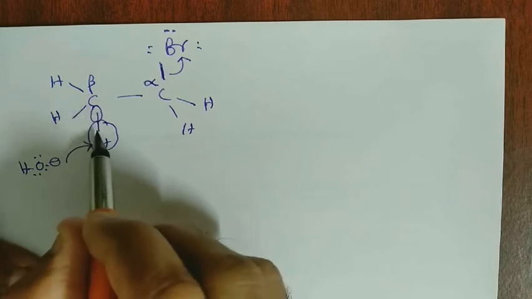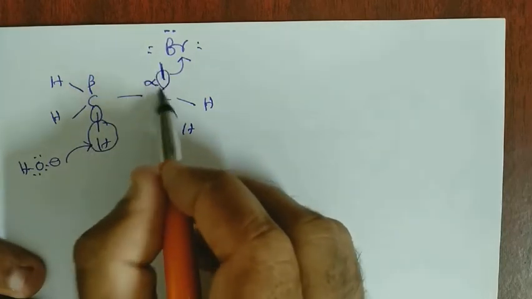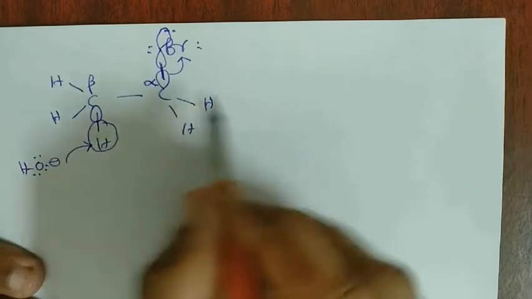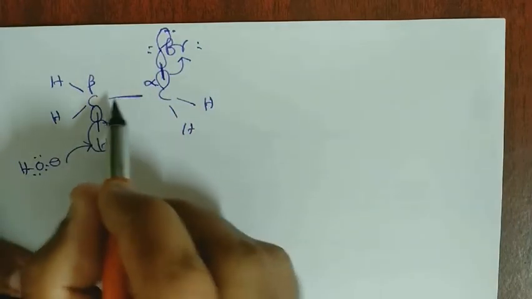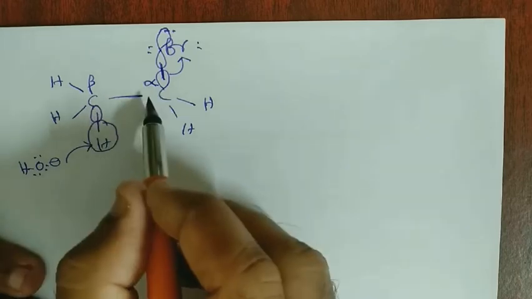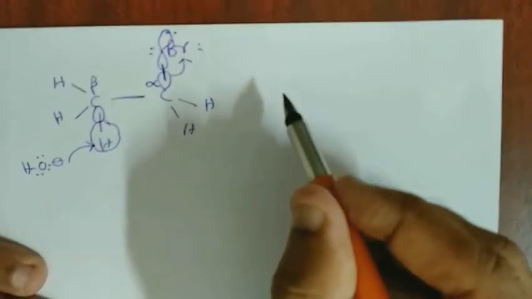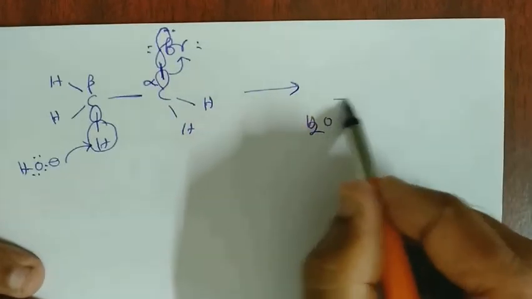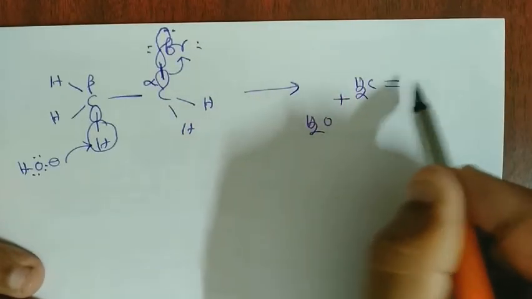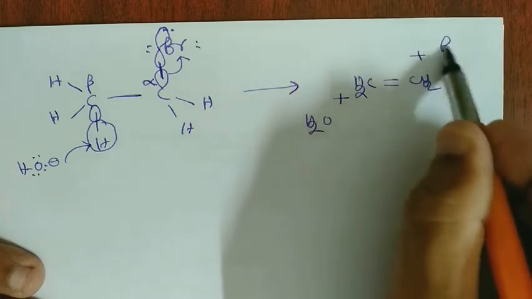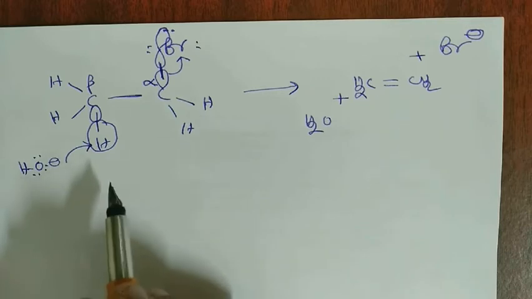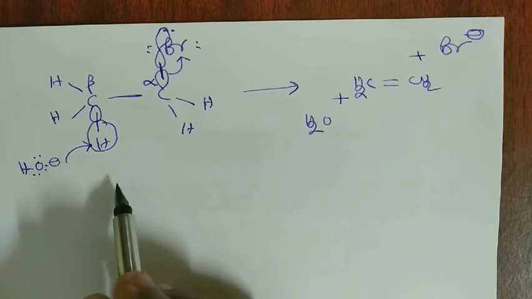This carbon-hydrogen bond and carbon-bromine bond undergo cleavage. A new pi bond is formed between alpha and beta carbon atom. E2 mechanism is a concerted process involving only one step.